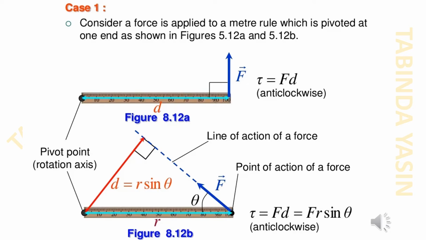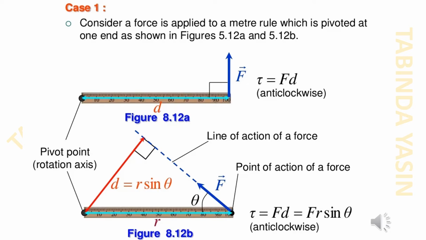Now we have the first case: consider a force applied to a meter rule which is pivoted at one end, as shown in figure 5.12b. You can see a ruler that is pivoted from one point, and the whole distance of the ruler is d. The force is applied in the upward direction, tau is equal to Fd, in the anti-clockwise direction.